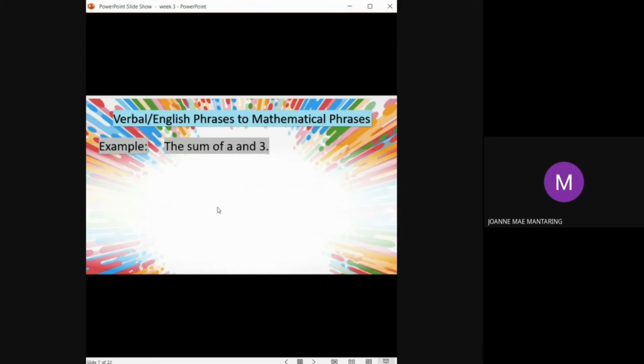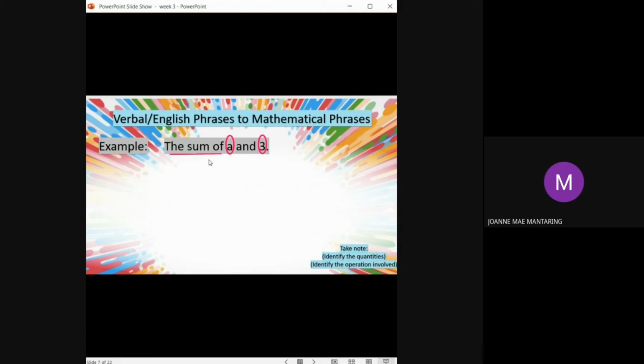Okay, another example here is the sum of a and 3. Okay, same rule. Identify the quantities. Again, the quantities we have here, 3, and also the variable a. And what is the operation involved? As you can see, we have the keyword here, the sum of.